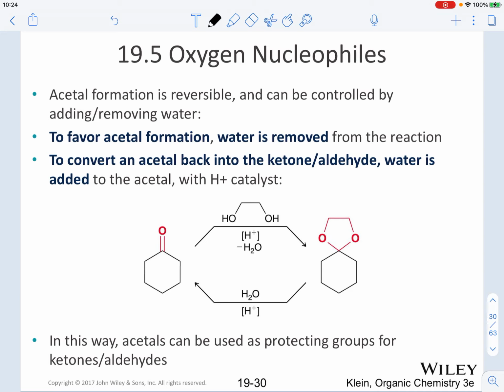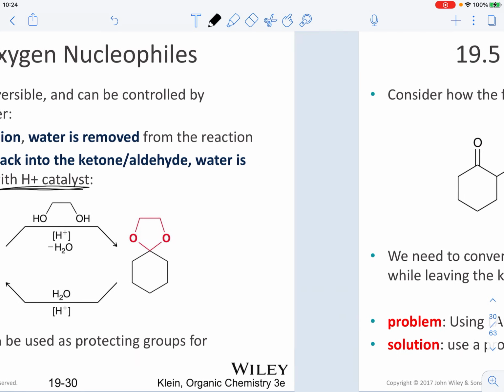Understand that to convert the acetal back to the ketone or the aldehyde, water is added to the acetal with the addition of an acid catalyst. In this way, acetals can be used as protecting groups for aldehydes and ketones. And this all has to do with the type of reactions and synthesis strategies that you're trying to utilize in order to make certain products.